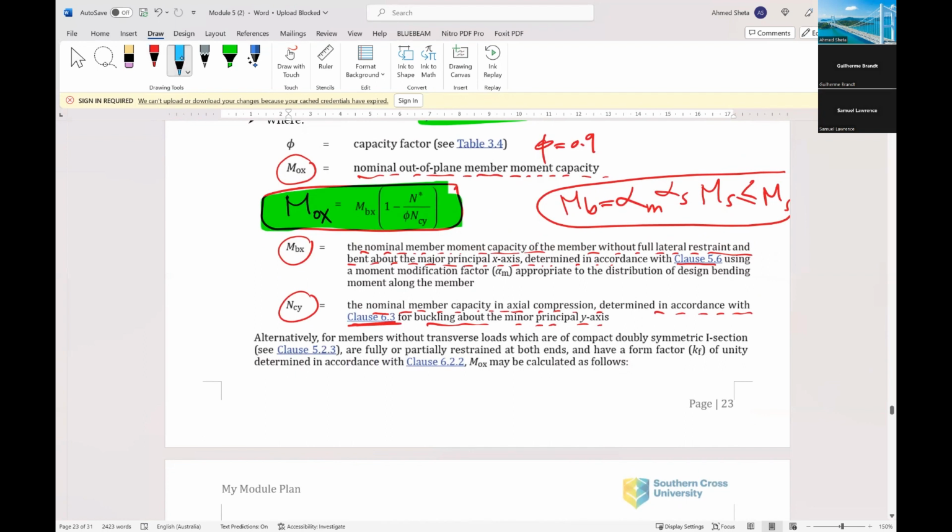You have to notice that here is X, here is Y. That's why NCY is the buckling about the minor principal axis, Y-axis. Again, here we have some other special cases for members without transverse loads, which are compact, I section, and fully or partially restrained at both ends, with a form factor KF of 1, determined according with clause 6.2.2.